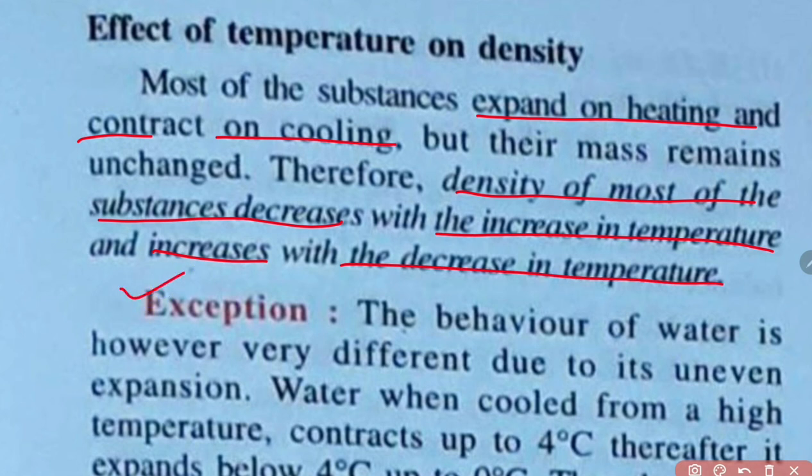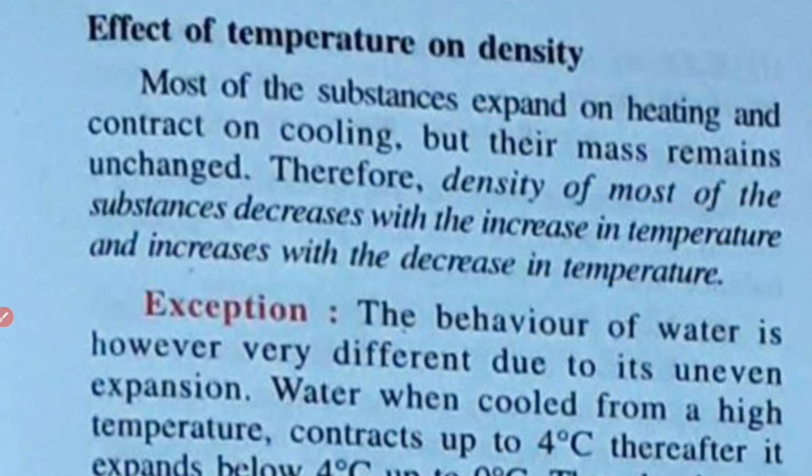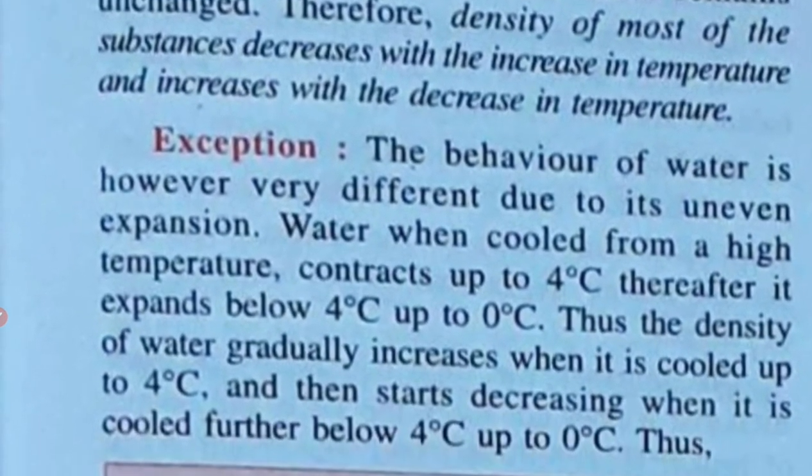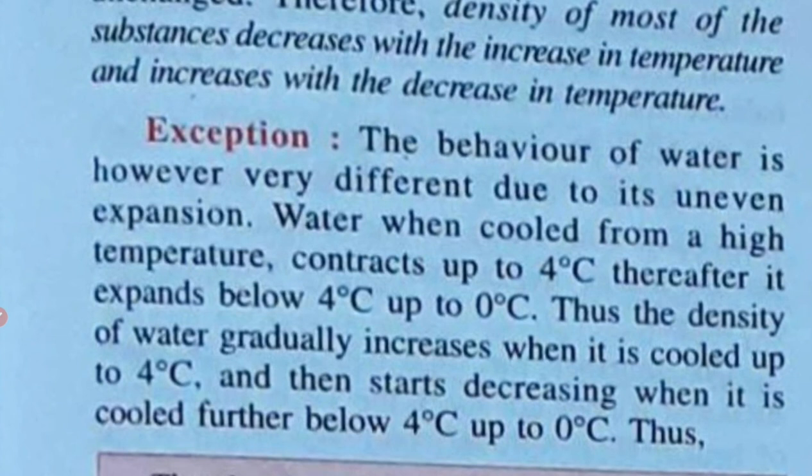There is one exception also. The exception is water. The behavior of water is, however, very different due to its uneven expansion. Water, when cooled from a high temperature, contracts up to 4 degrees Celsius. Thereafter it expands below 4 degrees Celsius up to 0 degree Celsius.